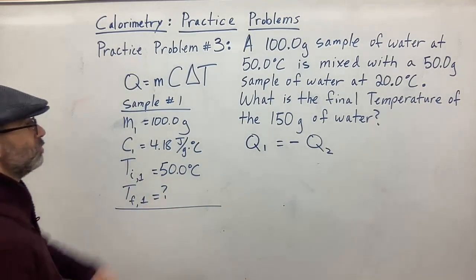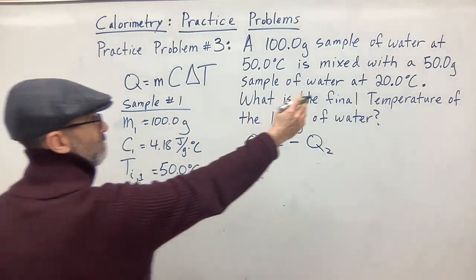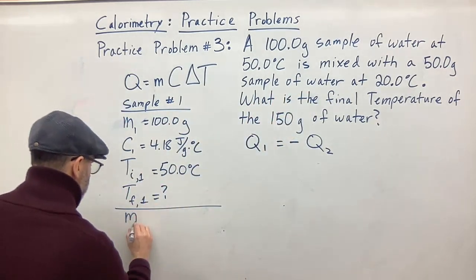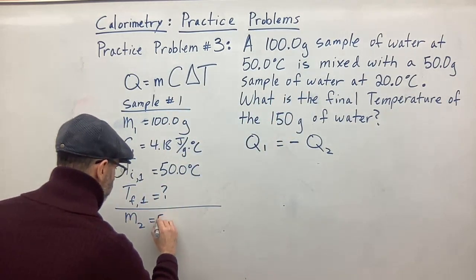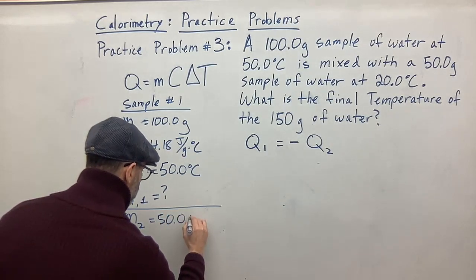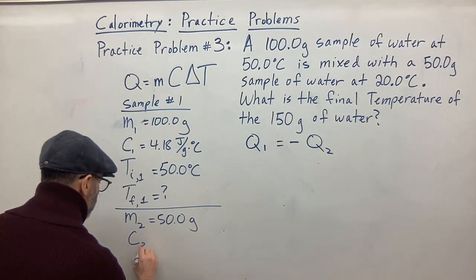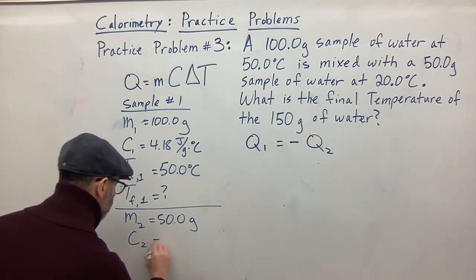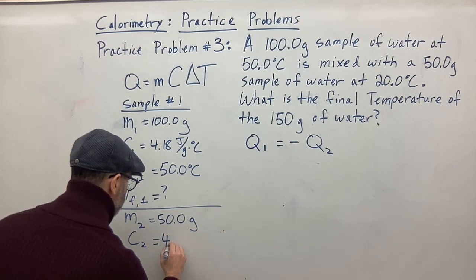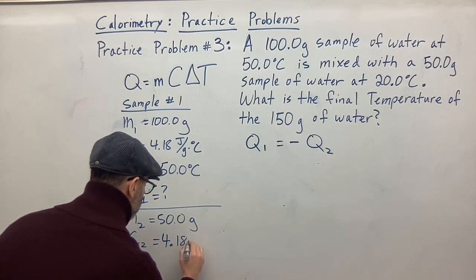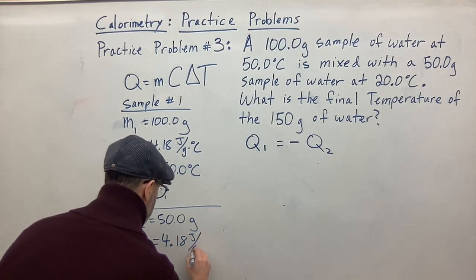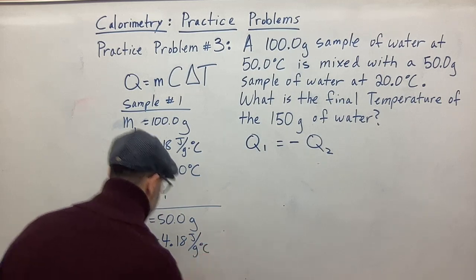So for sample number 2, we have a 50-gram sample. So the mass of sample 2 is equal to 50.0 grams. Again, since it's water, the specific heat is the same as the other one, so 4.18 joules per gram degrees Celsius.